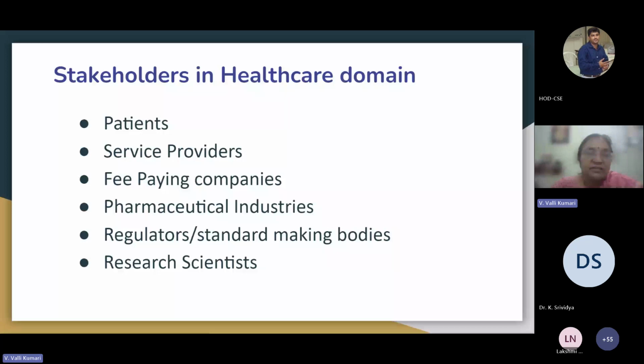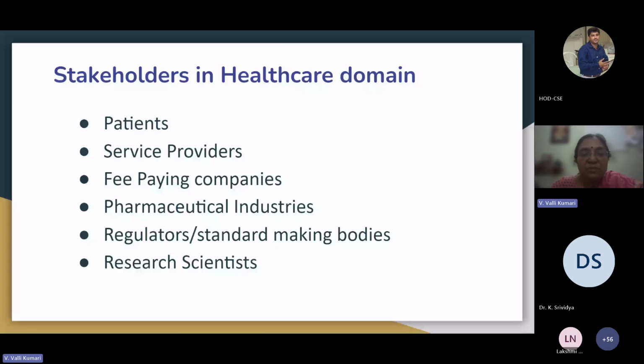Then the service providers, the companies, fee reimbursement, the doctor fee or hospital fee reimbursing companies, the pharmaceutical industries who manufacture the drugs, governments, the regulators, other standard making bodies, and the research scientists.